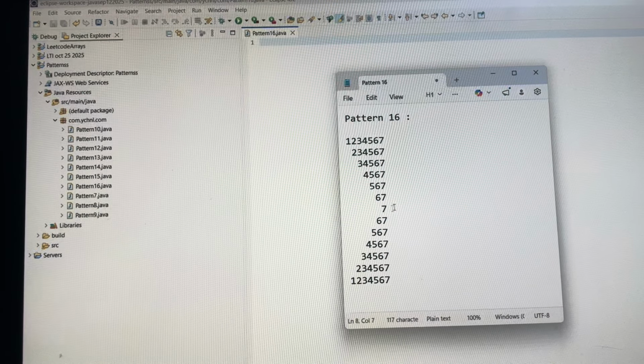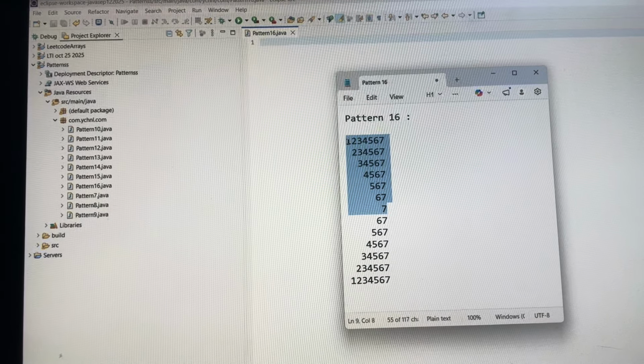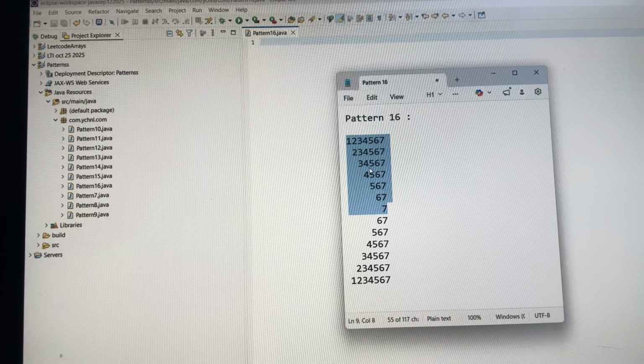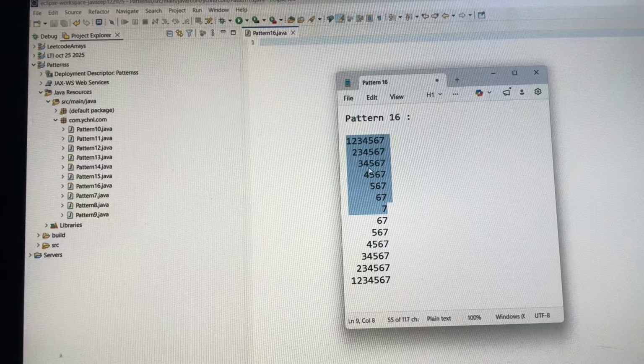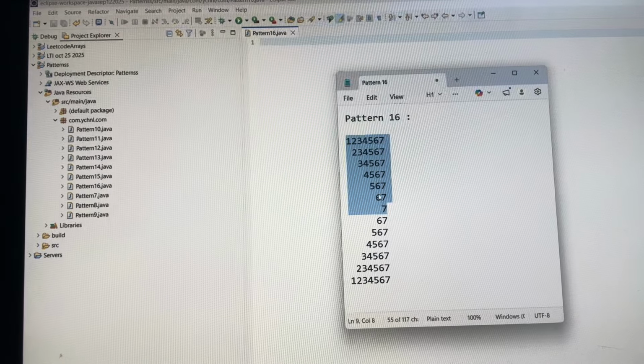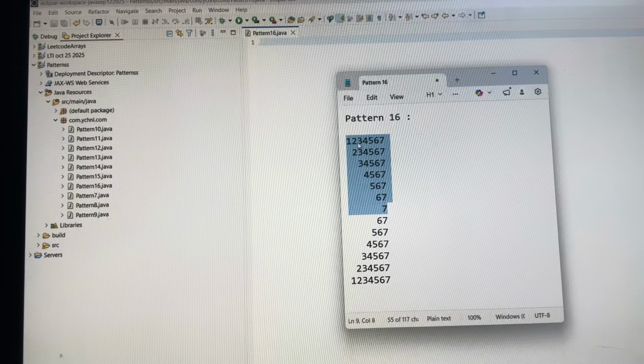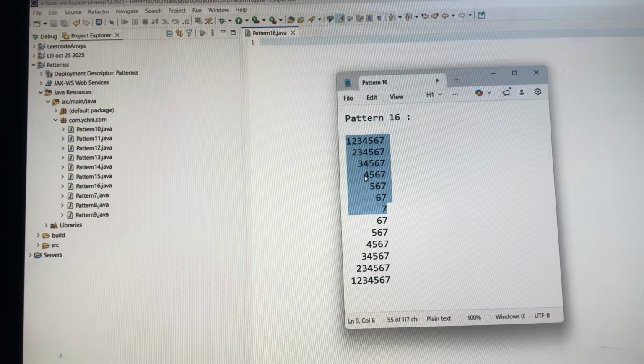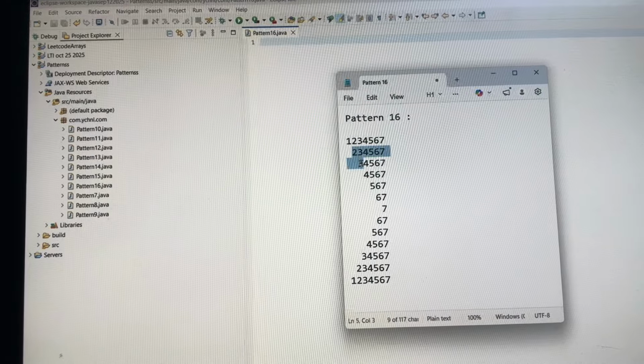So for the pattern up to 7, we should write one outer loop and one inner loop to print the elements of each row.